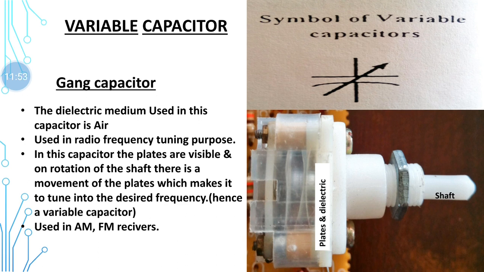On rotation of its shaft, in this diagram you can see that this is the shaft, there is a movement of the plates, and with the movement of the plates and the dielectric medium, which is air, you can get the desired frequency which is needed for AM and FM receivers. The symbol of a variable capacitor is shown here.